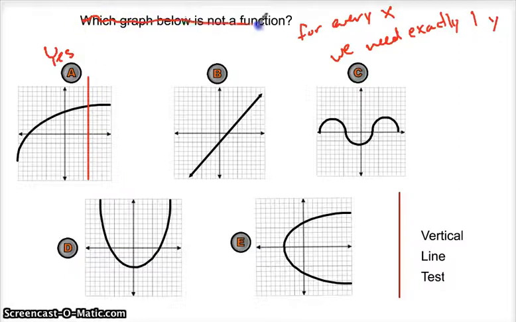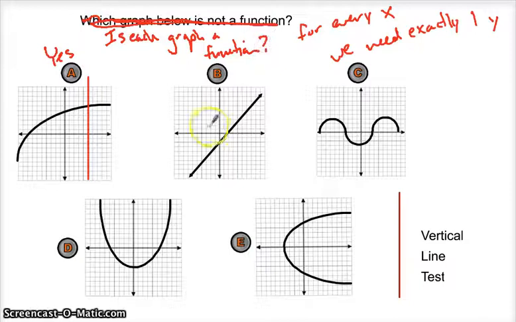Let's go ahead and get rid of our question so yes isn't confusing there. We'll just say, is each graph a function? Well, if you draw that vertical line again through this one, if you moved it left and right, again, we would never hit more than 1 point.